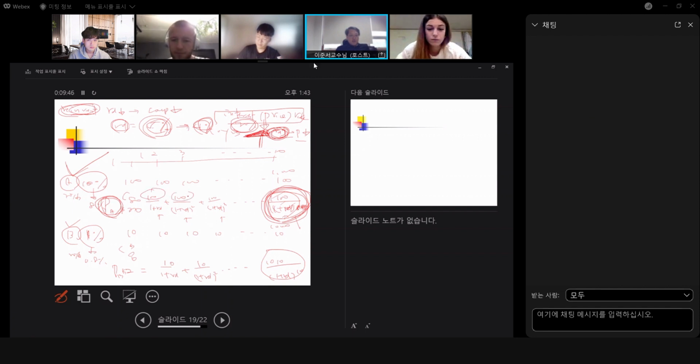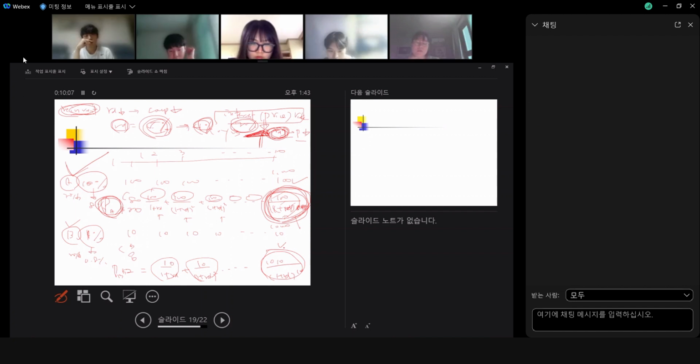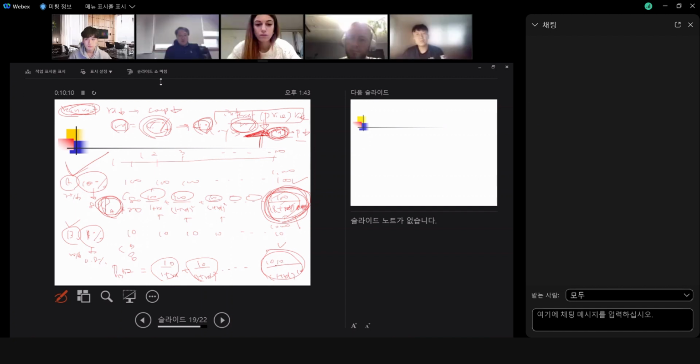Then if the coupon is higher, let's compare this one and this one. Let's take a look at bond B first. If the coupon interest rate is low, like 10, 10, 10, but the last term is 1,010, then this one is affected by the change of interest more than this term, right?